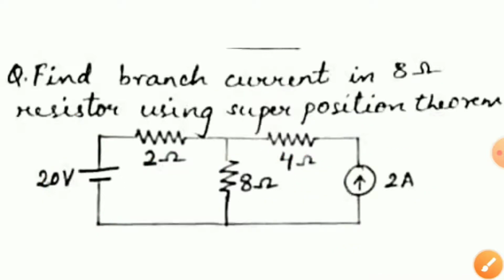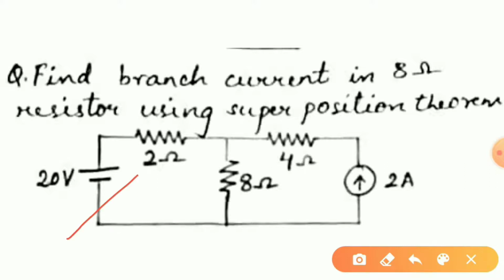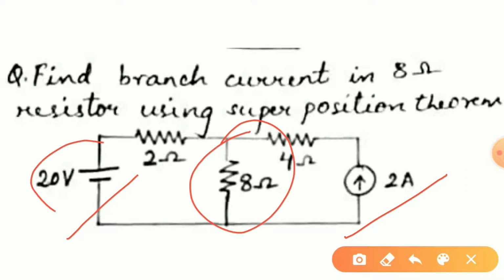The final step will be adding up the currents from case 1 of 20 volt and case 2 of 2 amp. Adding up the results gives the total net current flowing through 8 ohm due to both the sources in the given circuit. Let us have a look at the numerical.